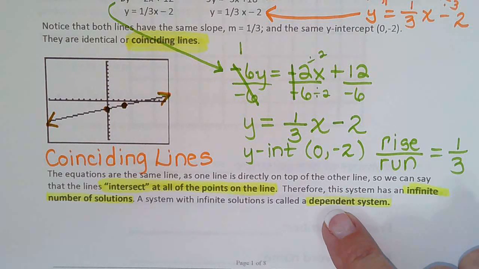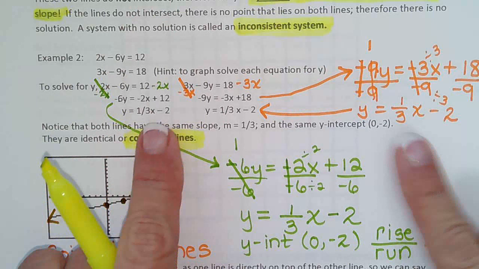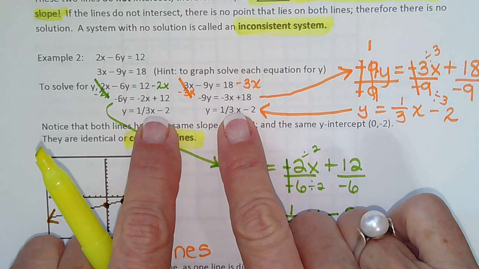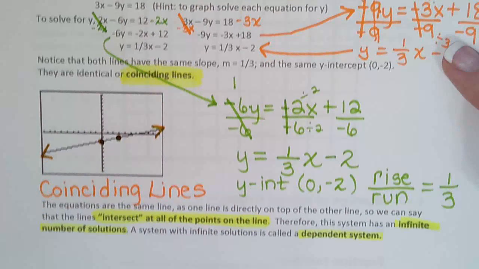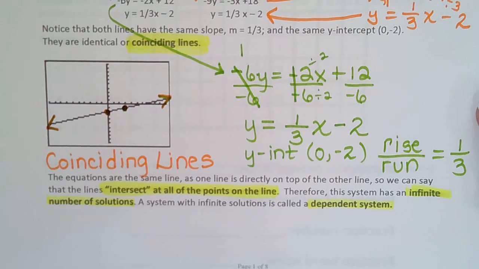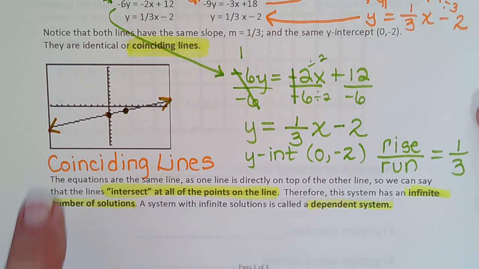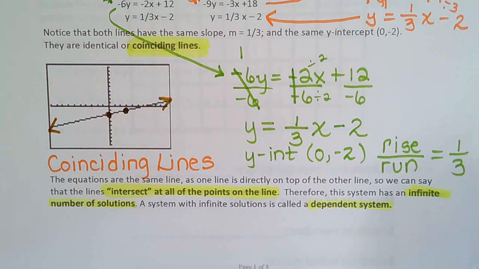So that's how I remember dependent. One line depends on the other line because they're the exact same line and they lie right on top of each other. And again, they have an infinite number of solutions. The reason being, every single point on the line is a solution because they share those points.